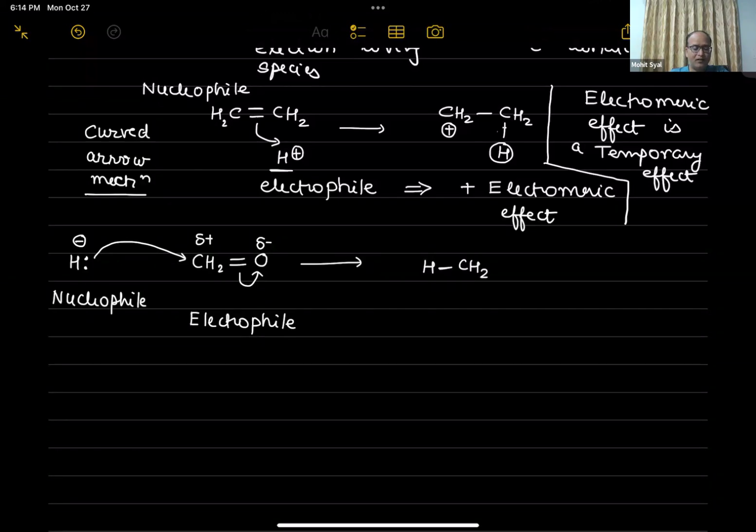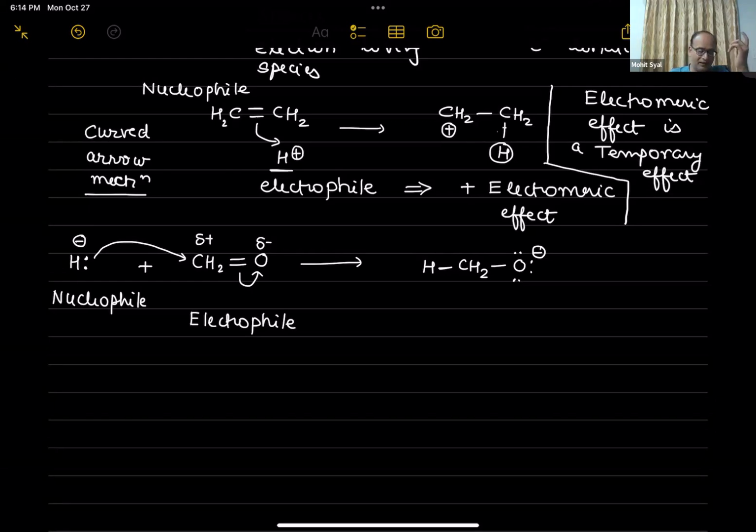I have connected CH2, and this is O minus. Remember the charge should be conserved. Initially H was minus and CH2O was neutral, so overall a minus charge should be there.